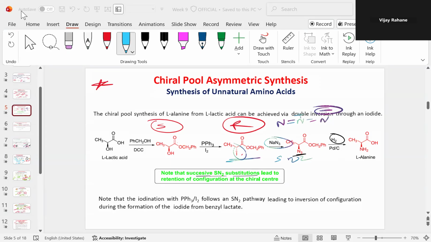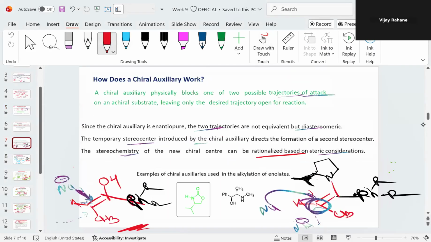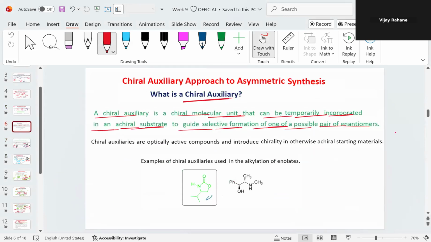Okay, so the last method in the asymmetric synthesis is the chiral auxiliary. So what is chiral auxiliary?